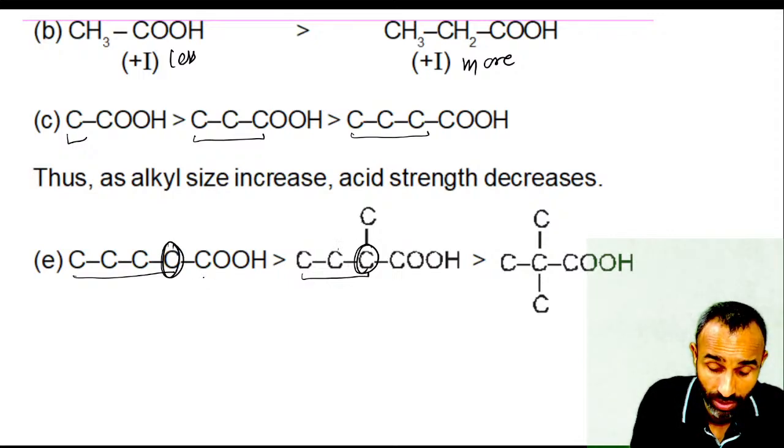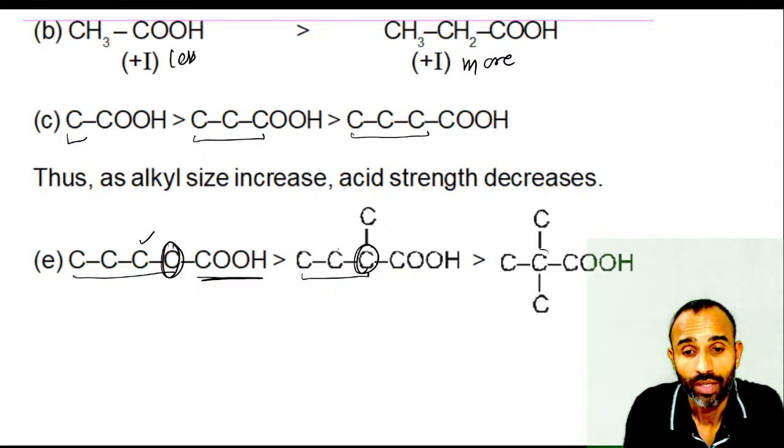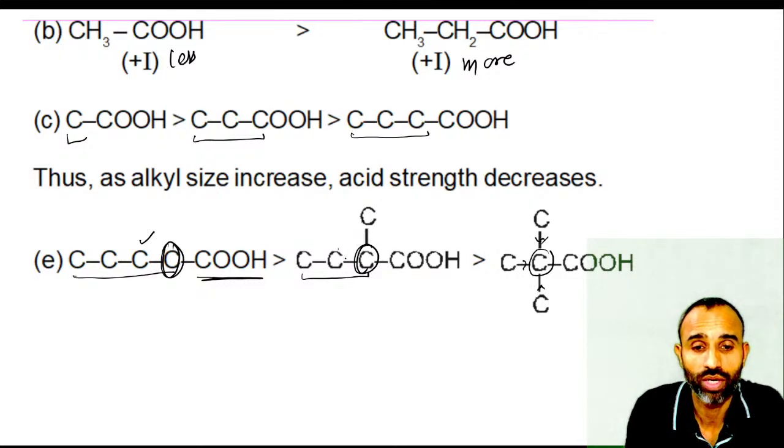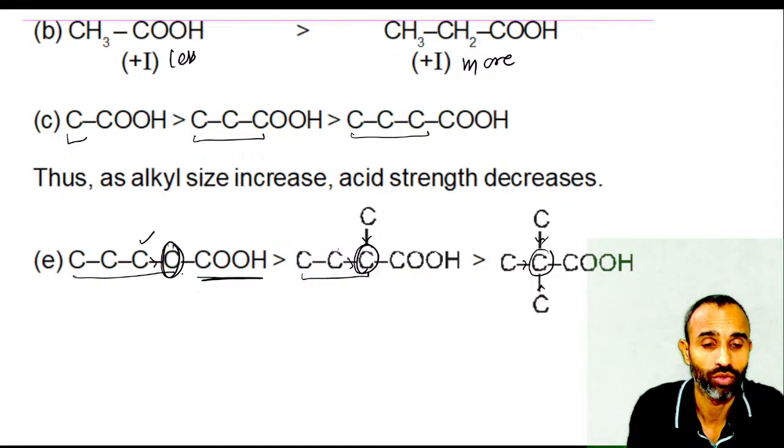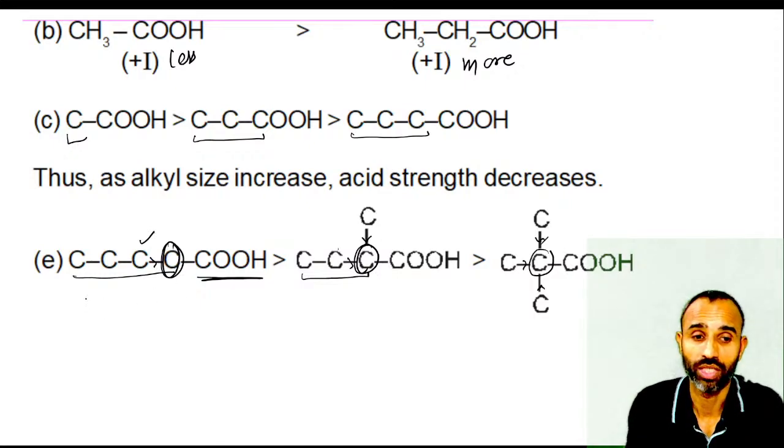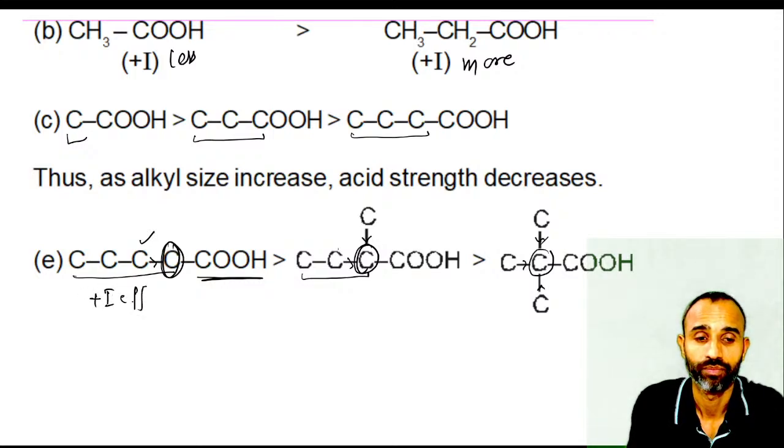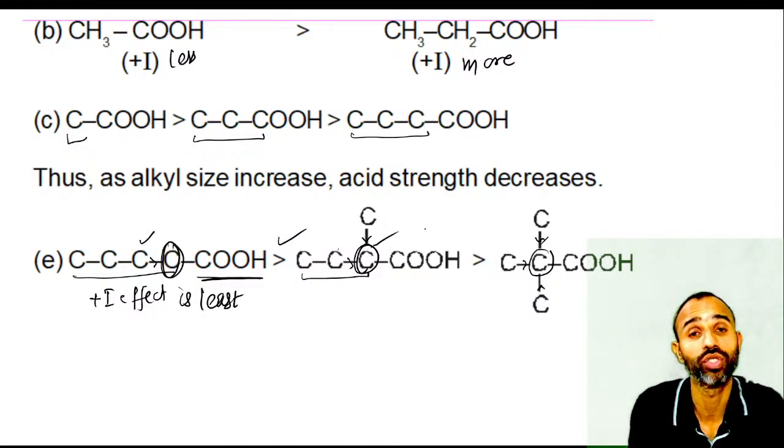This carbon directly attached to COOH is attached to only 1 carbon. Here the carbon directly attached to COOH is attached to 3 carbons. So it is more electron releasing than this, which in turn is more releasing than this. Means it has least plus I. That's why it is more acidic than this.